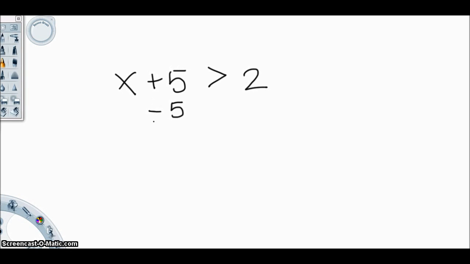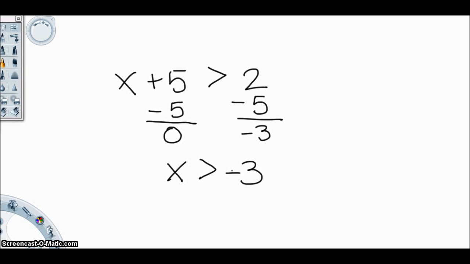Because I have plus 5 here, I know I need to subtract 5 from both sides to make that positive 5 into a 0. 5 minus 5 gives me 0, but if I do it to one side, I have to do it to the other, just like in equalities. So 2 subtract 5 gave me -3. So now I have x is greater than -3. That is the solution to my inequality.